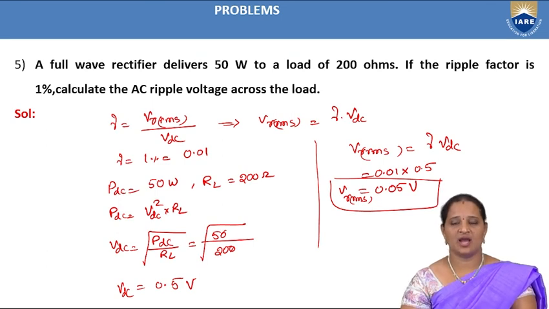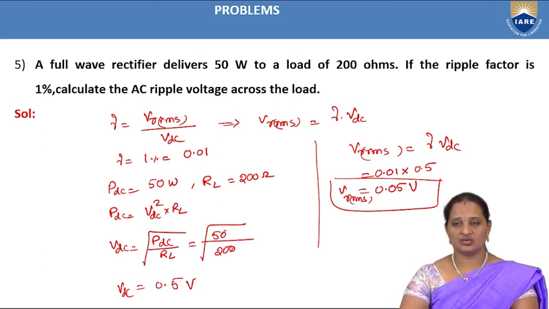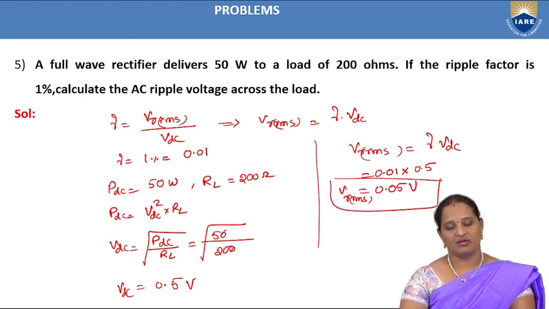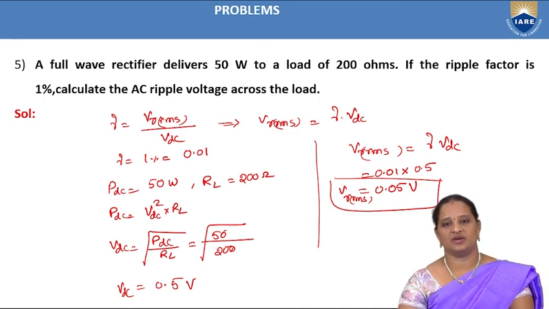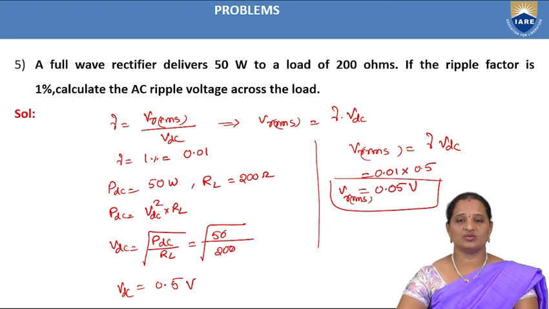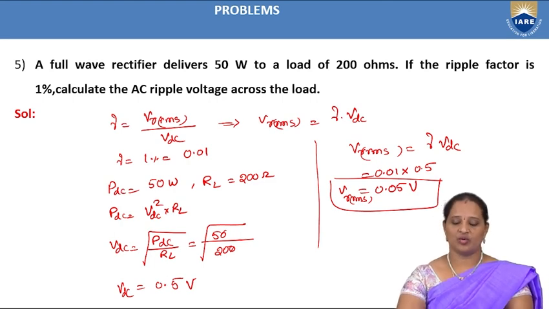So like that he can ask anything. In order to solve any kind of problem for the given specifications, we should be familiar with the formulas related to the full wave rectifier. So just be perfect with the formulas so that you can solve any kind of problems.